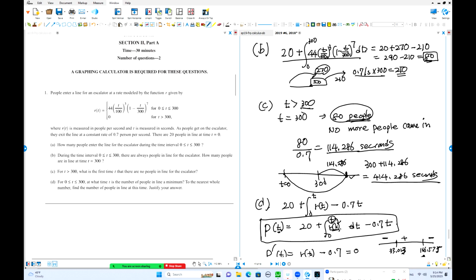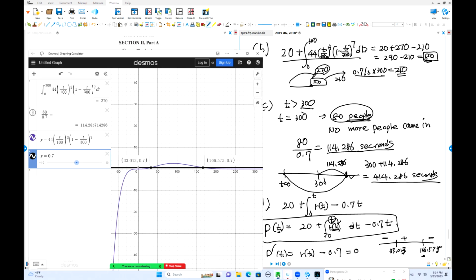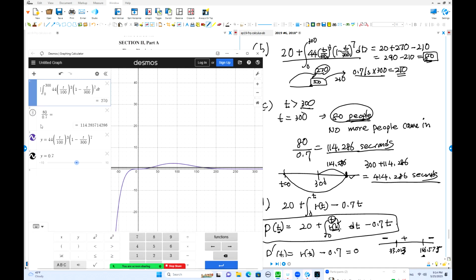So t equals 33.013. So I'm going to do this one: 20 plus, this is 33.013.